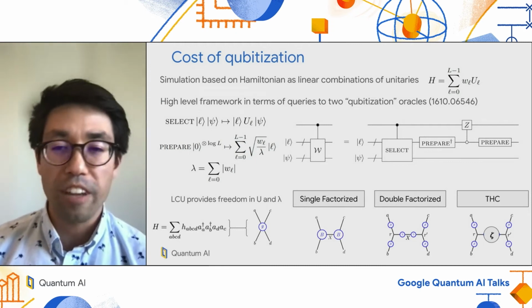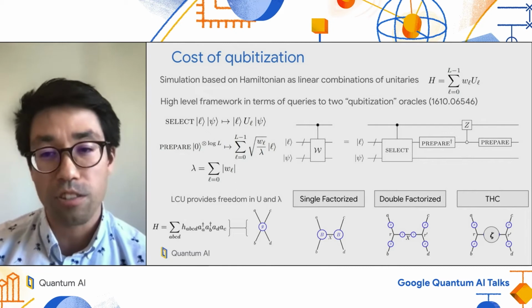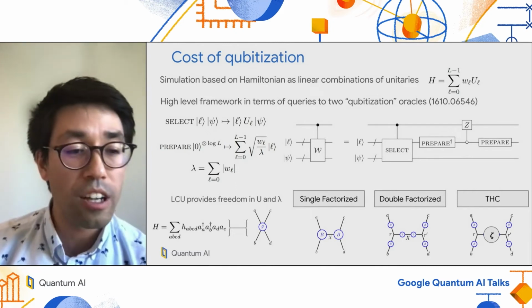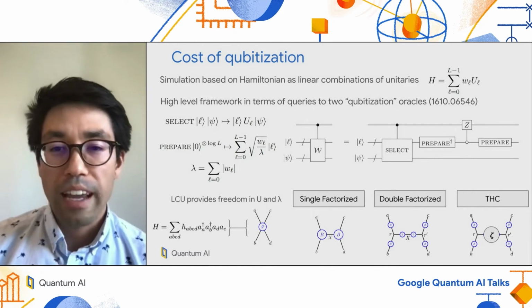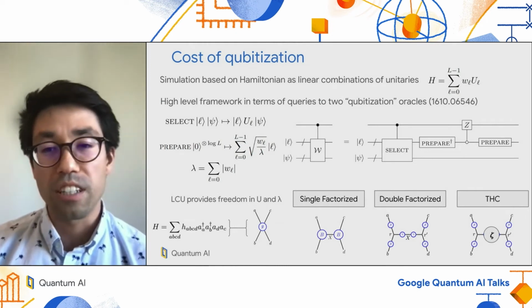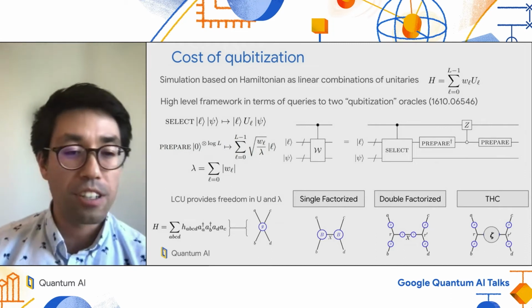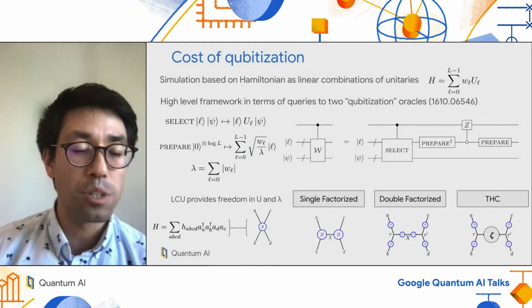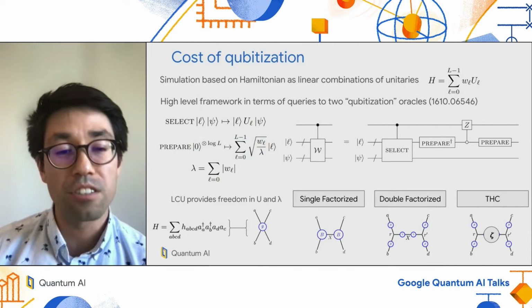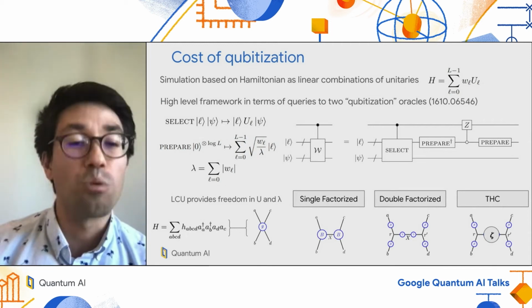And there's been a lot of advancements in recent years considering structure in the electron-electron interaction term, this 4-mode term. And what we can do to synthesize different unitaries is consider different factorizations of this 4 tensor. So there's one particular factorization called single factorization, which splits our 4 tensor into 2 equivalent 3 tensors. There's double factorization that takes that one step further.